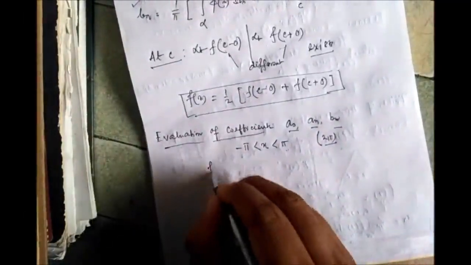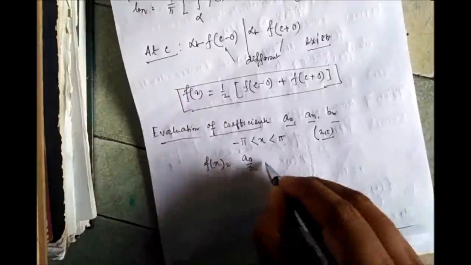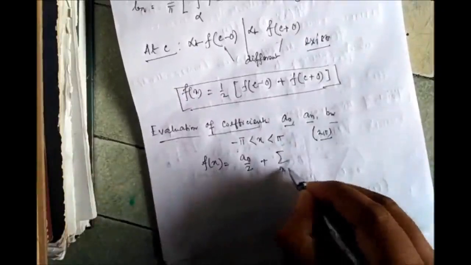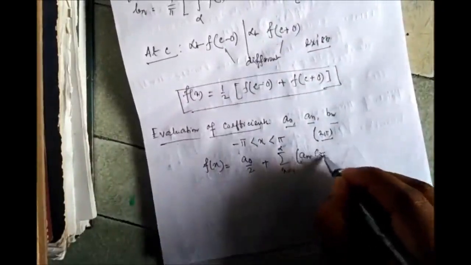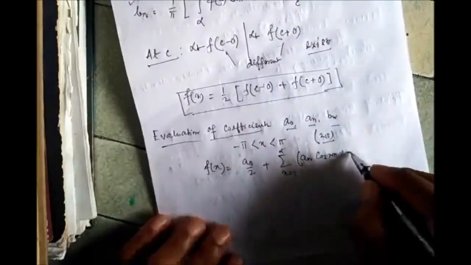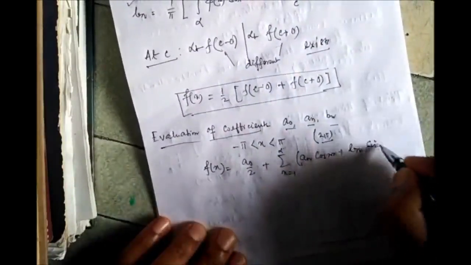So the total interval is of twice pi, and between this interval f(x) can be represented as a0 by 2 plus the sum of an cos nx plus bn sin nx.